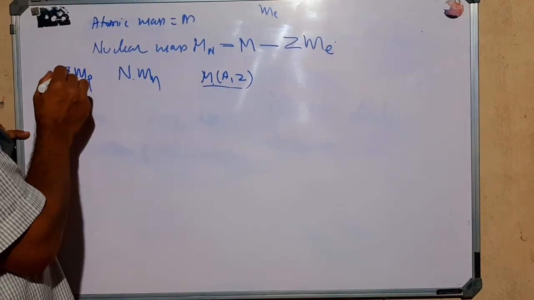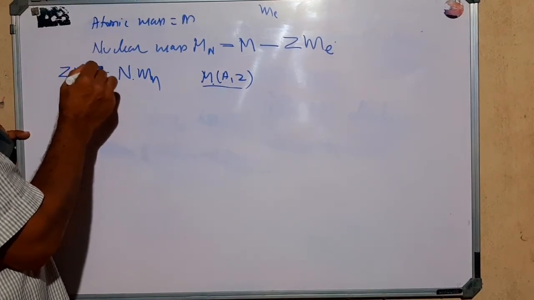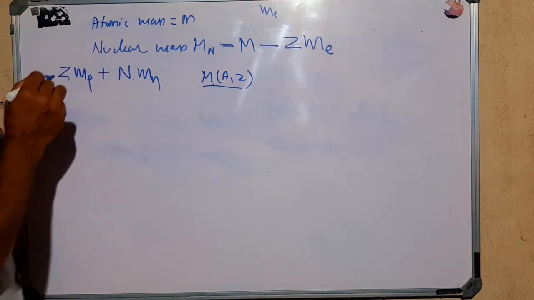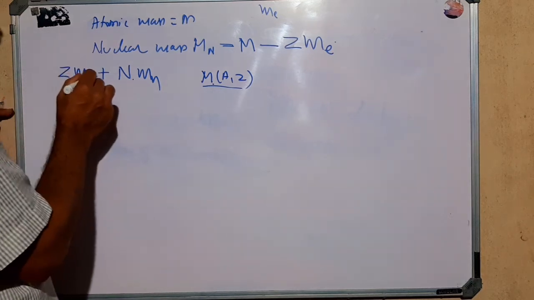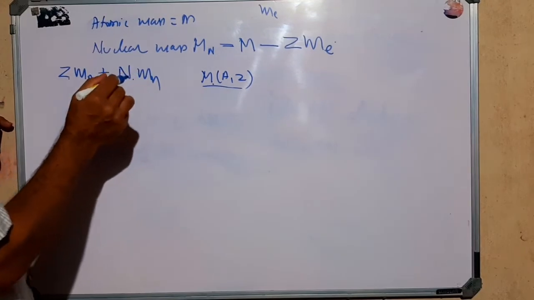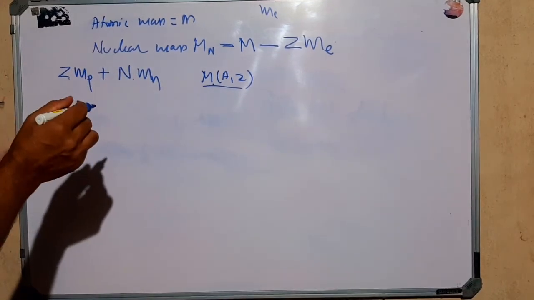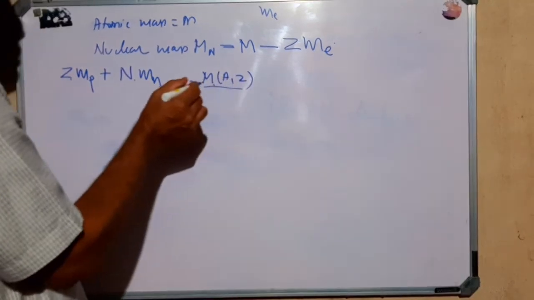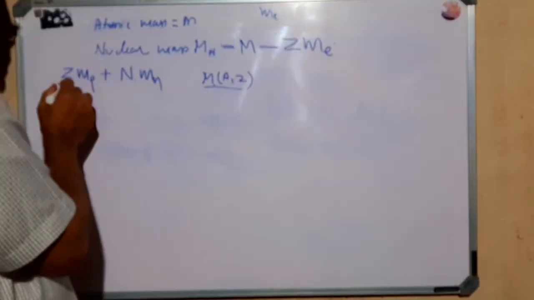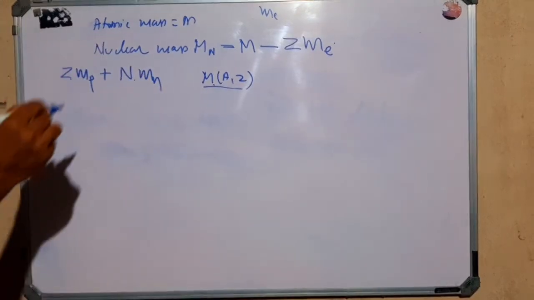Then the total mass of protons plus the total mass of neutrons present in the given nucleus becomes Zmp plus Nmn. But what we think then, the experimentally measured value is this, but the theoretically calculated value is this.